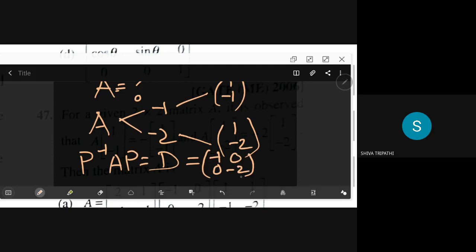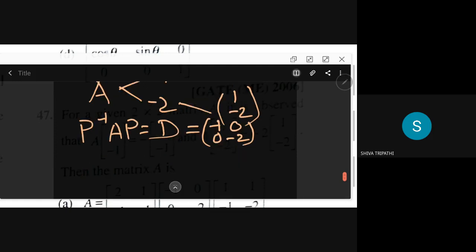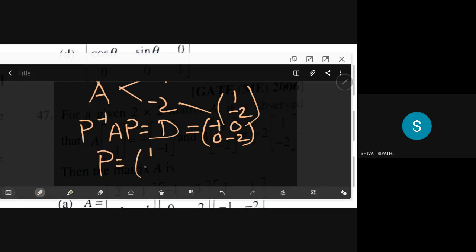You can find P also. P is 1 minus 1, 1 minus 2.